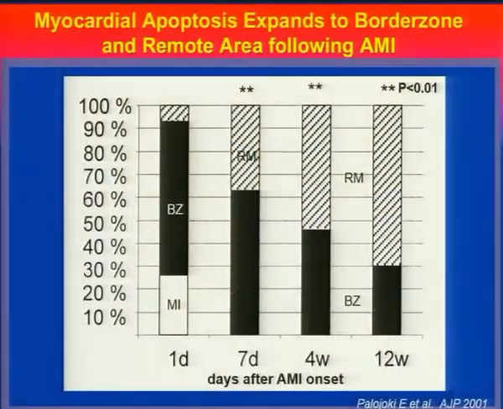Many myocardial cells die from apoptosis. 12 weeks later, most of the apoptosis occurs in the remote, non-infarcted area. That means in a non-ischemic area, apoptosis occurs in a later phase.